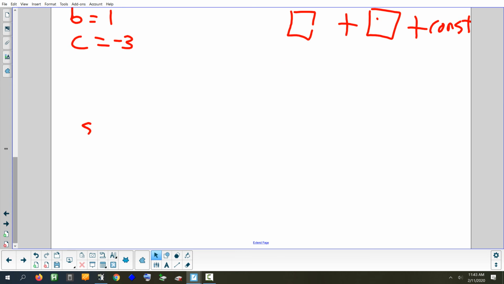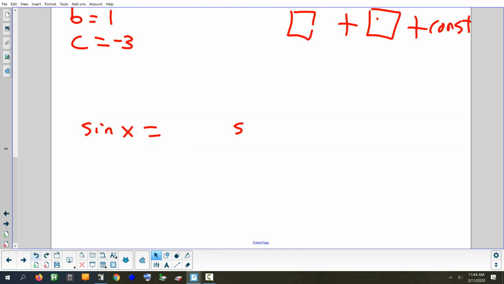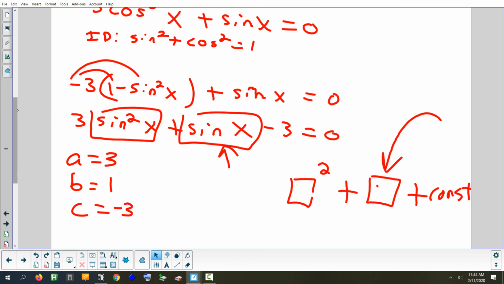So you're going to use the quadratic formula. Whatever you get from the quadratic formula, put it there, because it's not x, it's sine x. So it's the only extra step to using the quadratic formula with a trig equation.